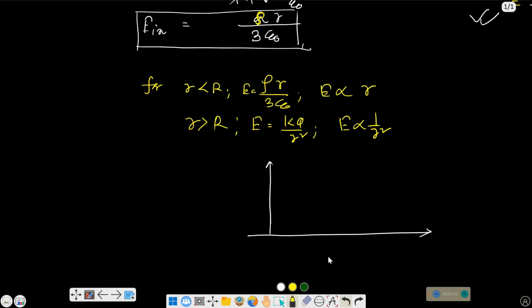Here the axis is electric field and somewhere here it is r equal to R. Up to r equal to R there is a linear variation, and then it falls as shown. This is the graphical variation of the electric field because of the solid non-conducting sphere having charge density rho.